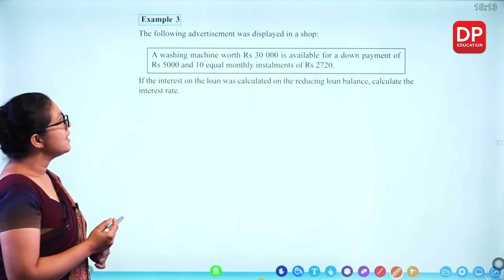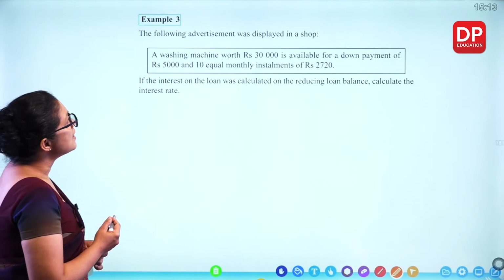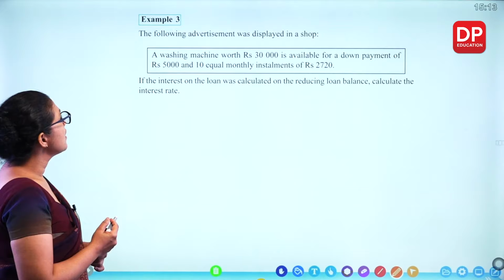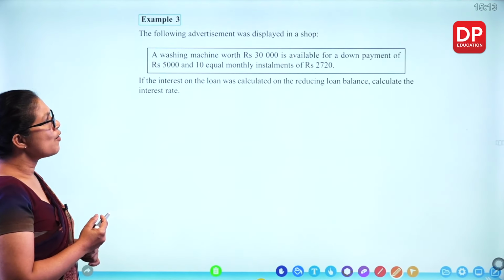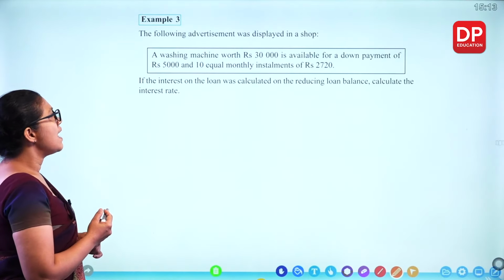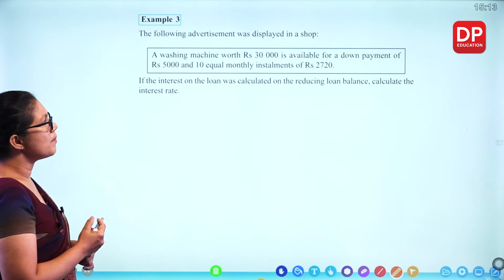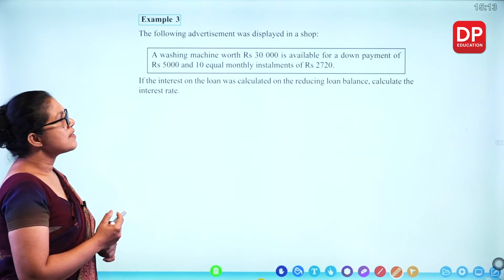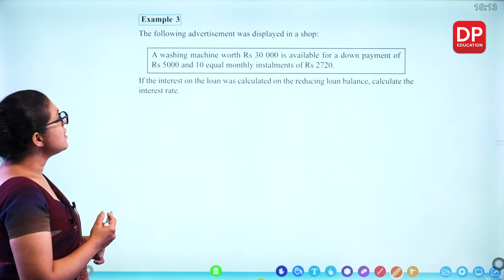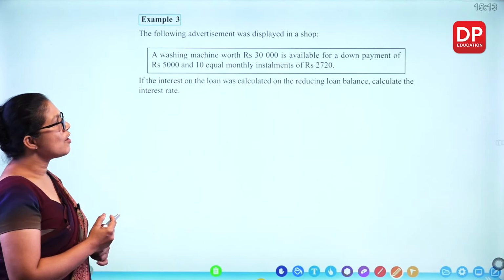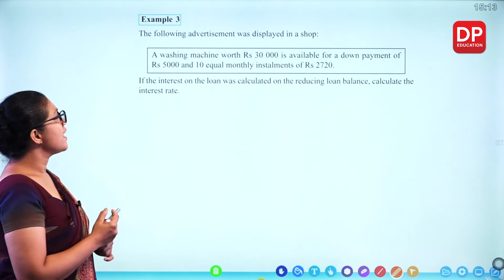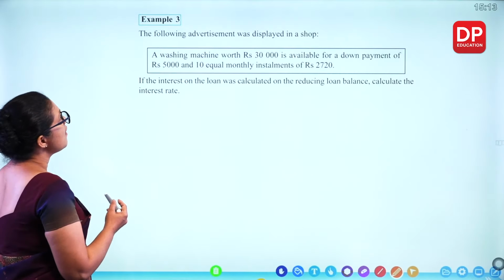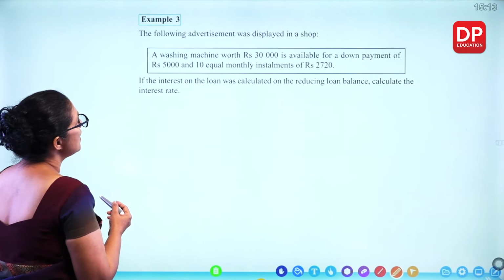Example number 3. The following advertisement was displayed in a shop. A washing machine worth 30,000 is available for a down payment of 5,000 and 10 equal monthly installments of 2,720. If the interest on the loan was calculated on the reducing loan balance, calculate the interest rate. So what's the value of the washing machine? 30,000.